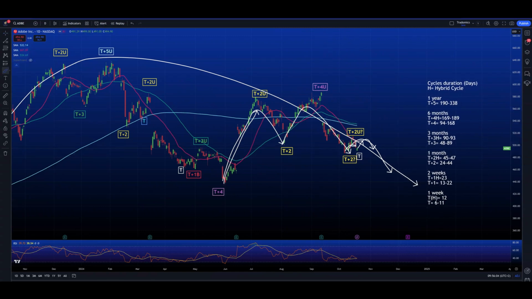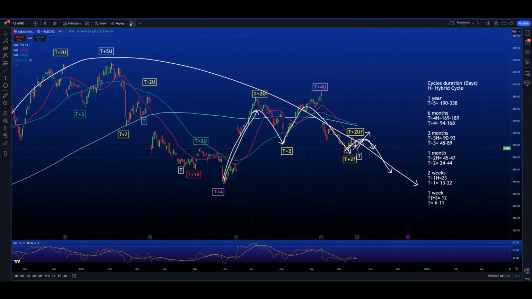If we see an impulse to the upside, then we can start a T plus 3. And in order to start a T plus 3, we need more time over this low to develop the cycle. But then be really careful, because that would be the shape that we can eventually have.